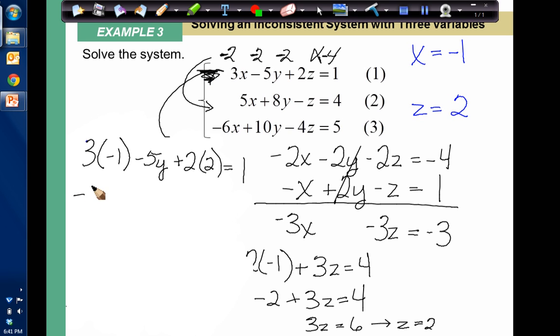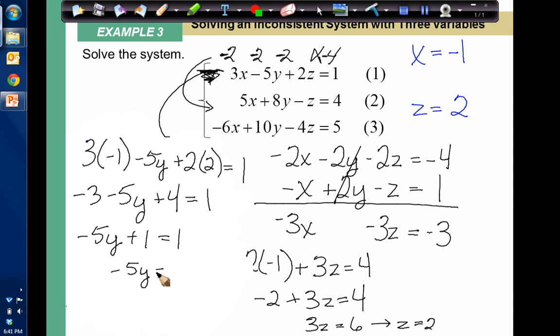This will be negative 3 minus 5y plus 4 equals 1. Negative 5y plus 1 equals 1. Negative 5y equals 0. So y has to be 0.